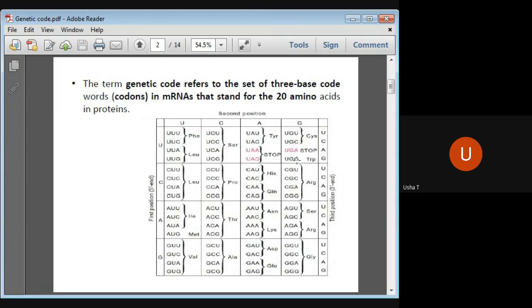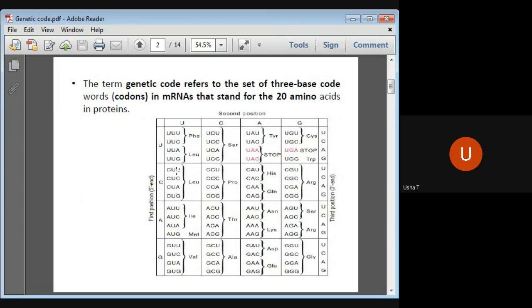So these are the ones which are coded by a single codon, and you can see the other amino acids like leucine. You can see that leucine, UUA, UUG, CUU.